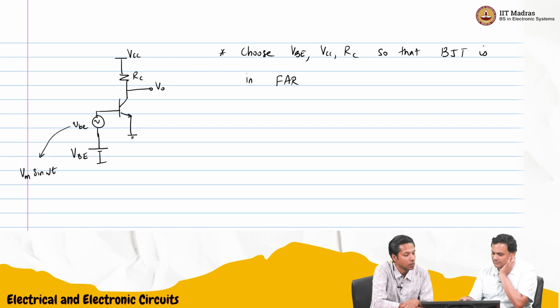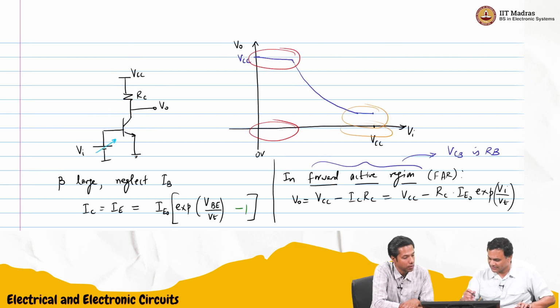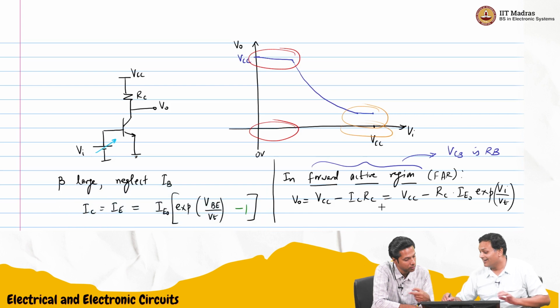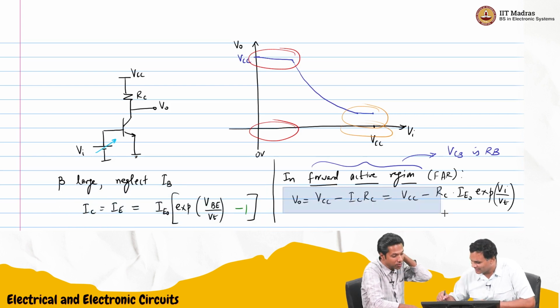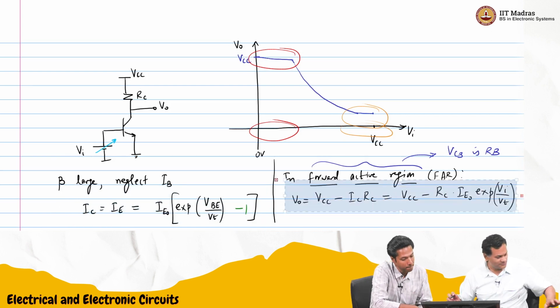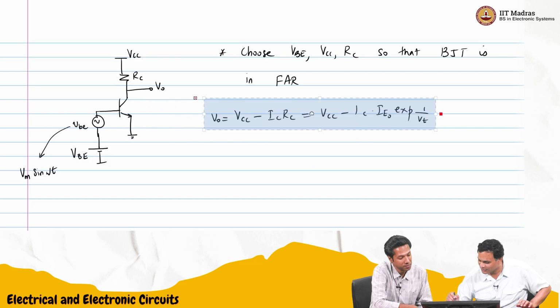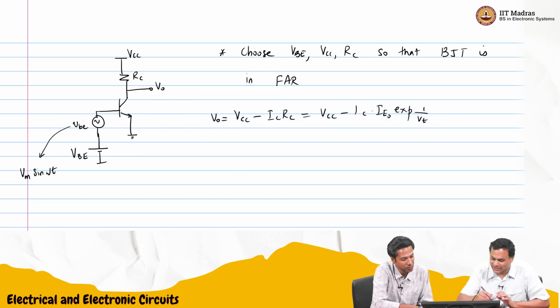Once you do that, then you can apply this small signal, and once it is in the forward active region, we know this. I think this is valid. In fact, we can copy this itself. We have the expression for V0 for all V0. The full thing didn't get copied, but that's okay. I can fix it.